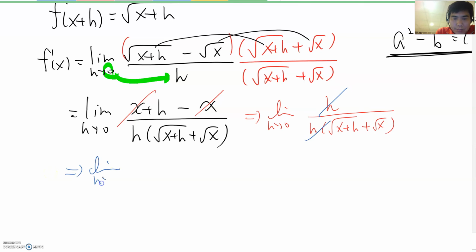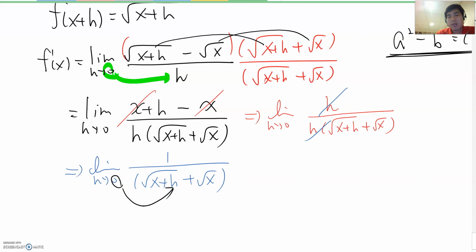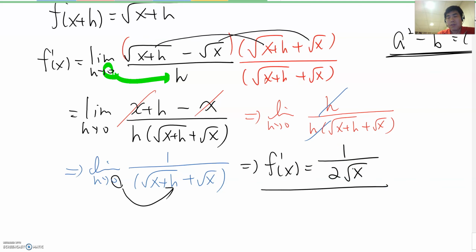Then this becomes 1 over root of x plus h plus root x. Now even if you plug 0 into h, the denominator wouldn't be 0, so you can plug it in. Therefore f prime x becomes 1 over 2 root x. That is the derivative function for the given function f(x) equal to root x.